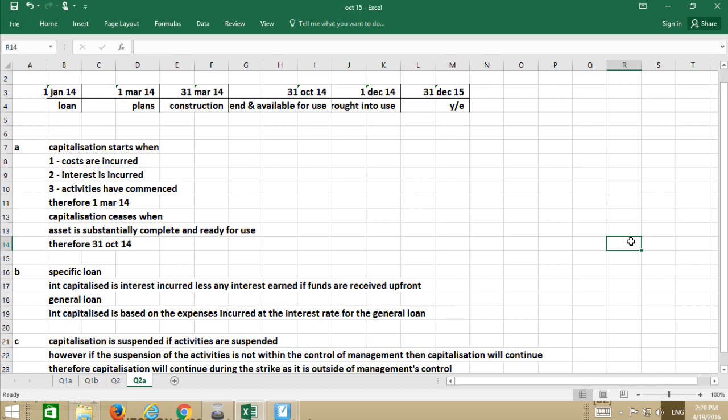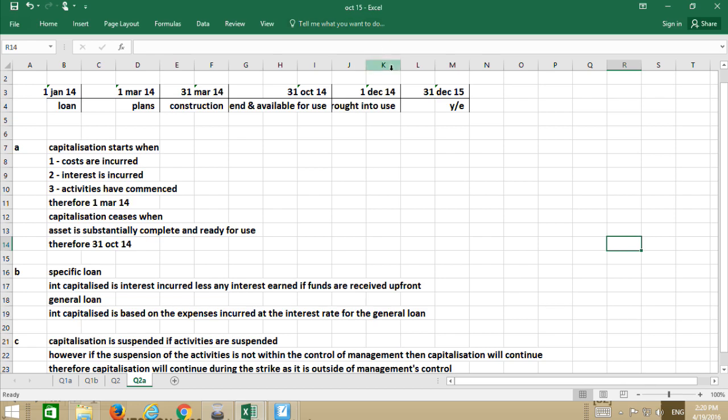But remember that we're talking about activities which go beyond construction, isn't it? So any activities where you are incurring expenses, that would be part of that activity. So plans the 1st of March, construction the 31st of March, then finished and available for use the 31st of October. Only brought into use the 1st of December, and then our year end is 31 December, isn't it?